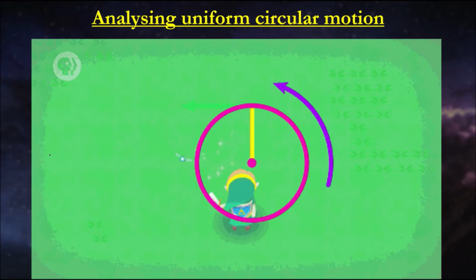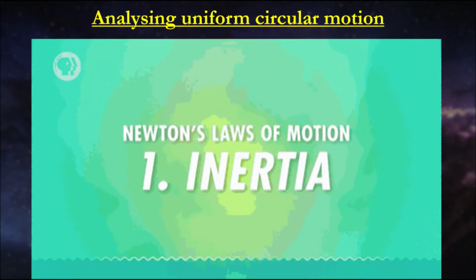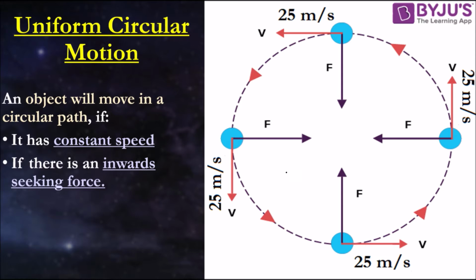So what's actually happening here when we draw out our circular motion, and I might just skip to a different screen, but this is what actually represents uniform circular motion. So you can see during that rotation, the velocity is the same. It's still 25 meters per second. You have constant speed.